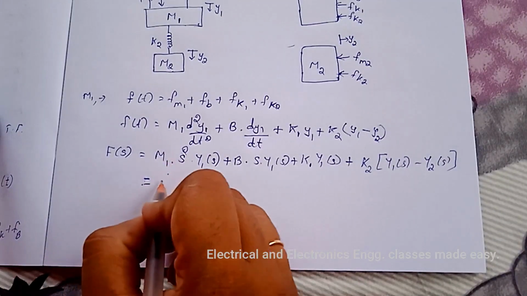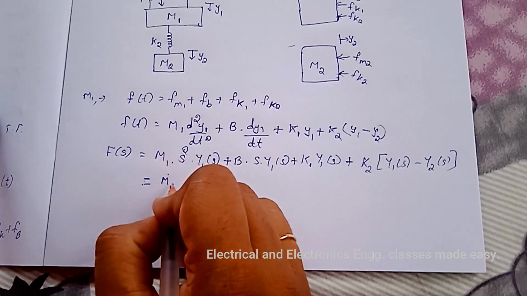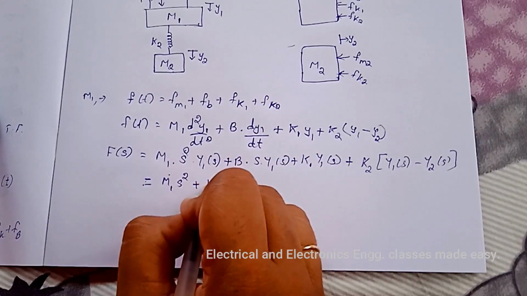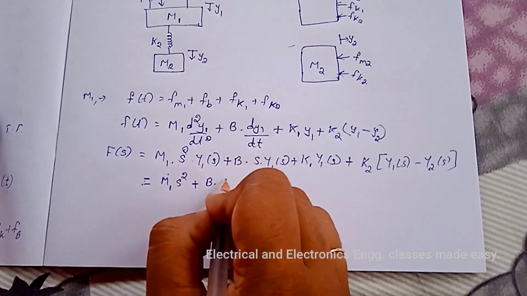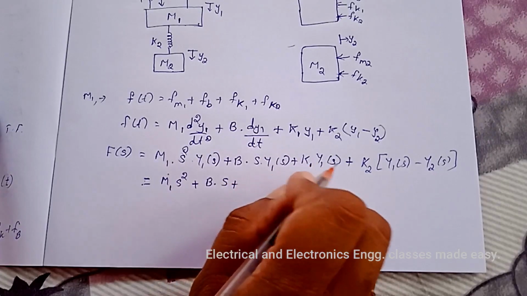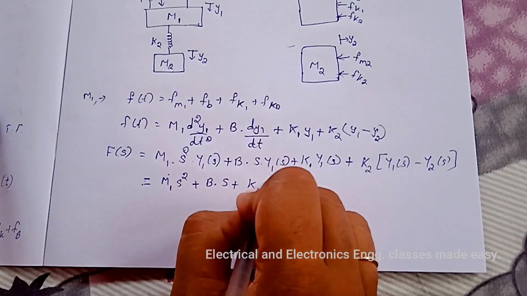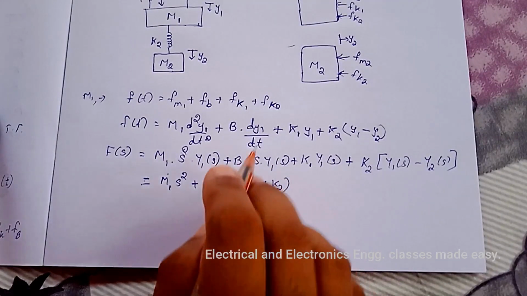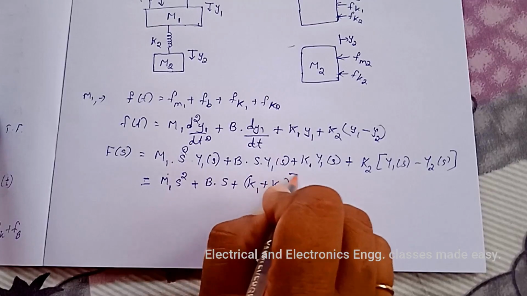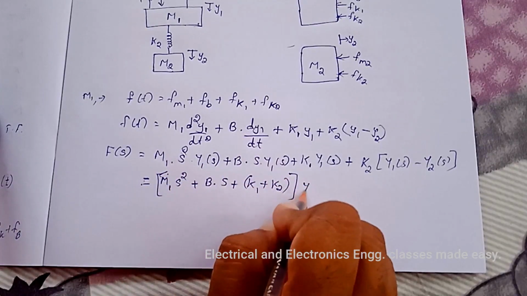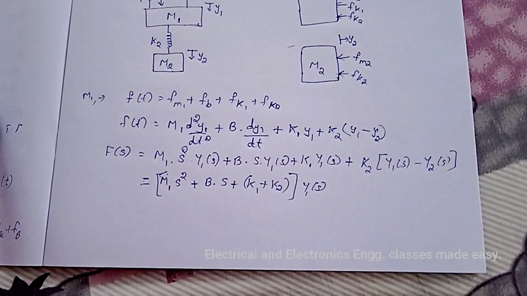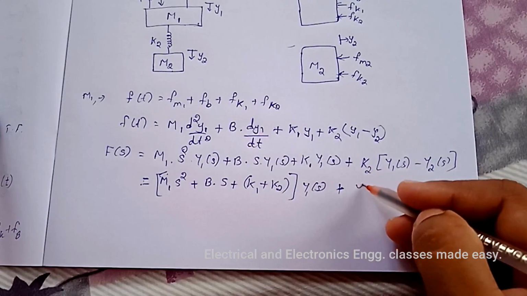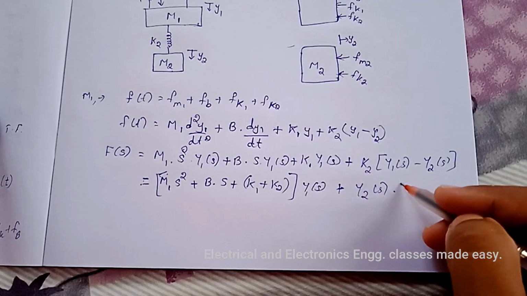Here we can write m1 s square plus bs plus k1 plus k2 into Y1(s), that is Y1(s) we can take outside, then minus Y2(s) into k2.